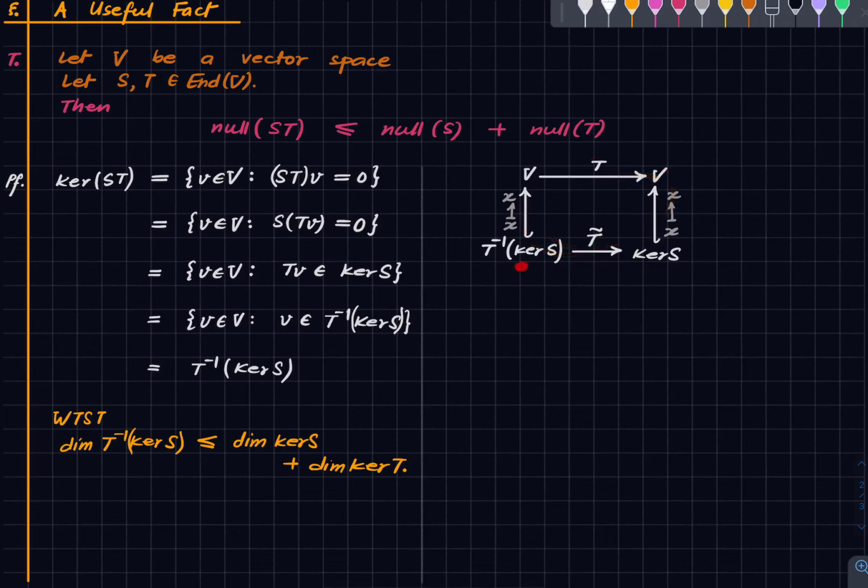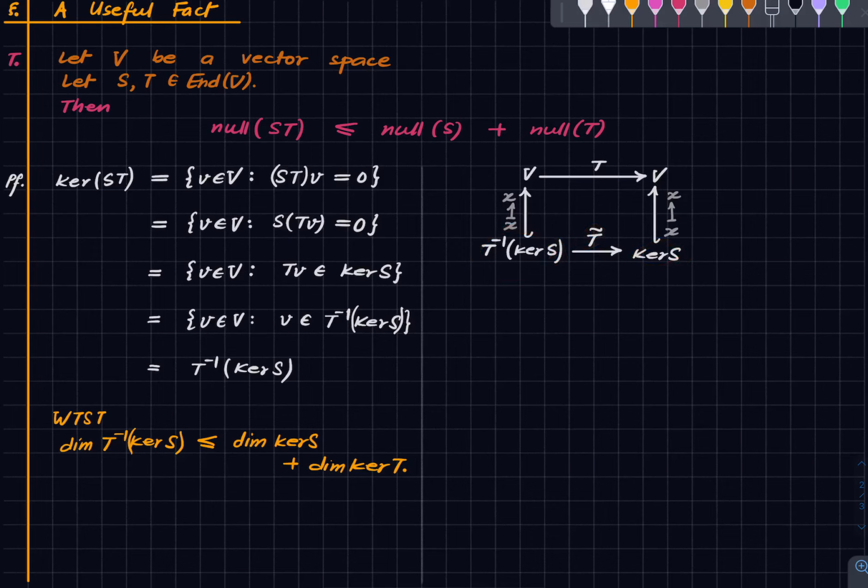Whichever route you take, you will always land in the same thing. So this diagram commutes. There is no conflict. Now, what is the kernel of this map T tilde, meaning the linear map going from here to there?